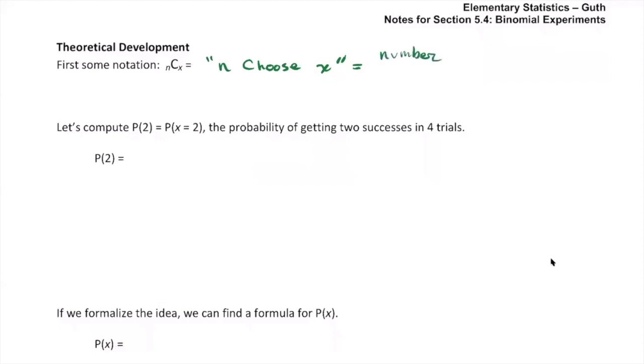Number of ways, let's say from n trials, to choose x successes.